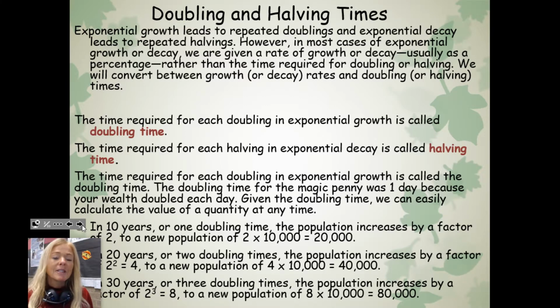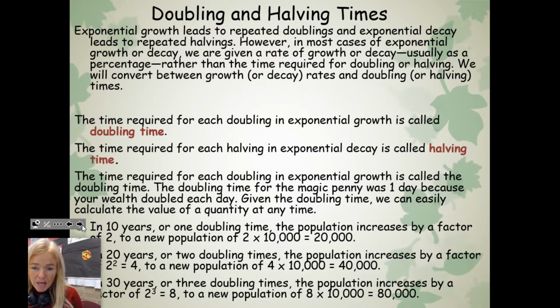However, in most cases of exponential growth or decay, we are given a rate. It'll say it's a 7% growth rate or a 10% decay rate. It's a percentage that we're given. We're not given the time that is required for the doubling or halving to occur. So sometimes we'll be converting between growth or decay rates and doubling or halving times, and that's what this lesson is about.